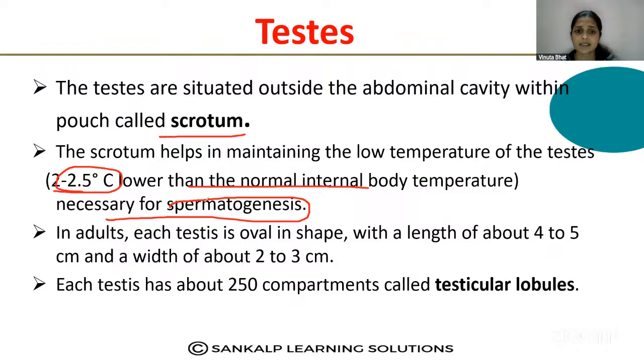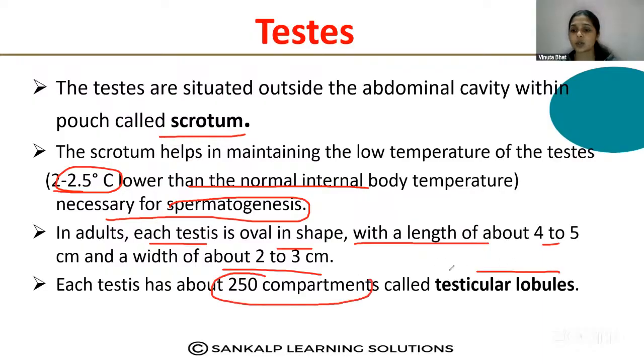Spermatogenesis is the process of formation of sperms in the testes. In adults, each testis is oval in shape, with a length of 4 to 5 centimeters and a width of 2 to 3 centimeters. Inside the testis, you find around 250 compartments called testicular lobules.